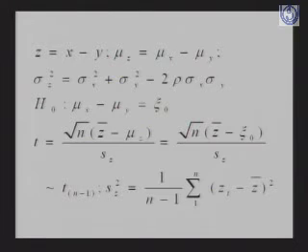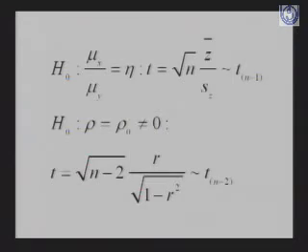This has a t distribution with n minus 1 degrees of freedom, and as usual my sz square will be on the variable z with the similar expression 1 upon n minus 1 summation 1 to n zi minus z bar whole square.